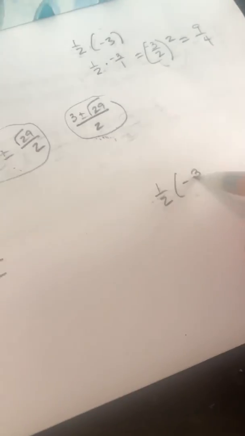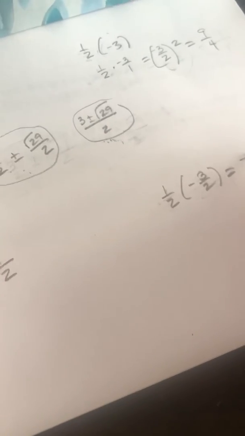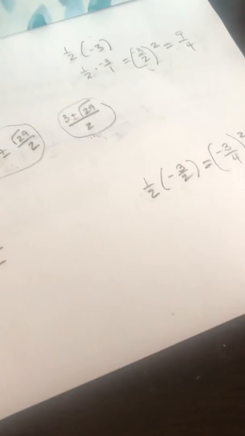Half of negative 3/2 is negative 3/4. But that's not my mystery number. I have to square it. So I have to add 9/16 to both sides. So I'm going to add 9/16 to the left side and add 9/16 to the right side.